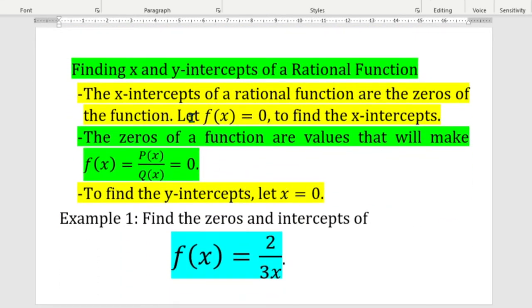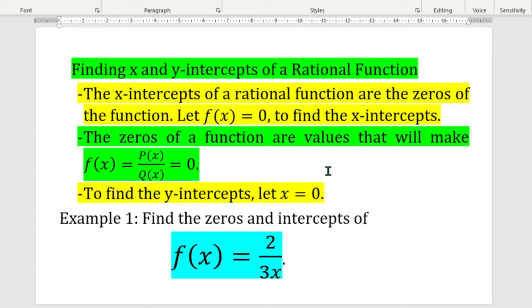In finding the x and y intercepts of a rational function, let us remember that the x-intercepts of a rational function are the zeros of the function. What does it mean? When you say zeros of the function, those are the values of x which will make our function equal to 0.